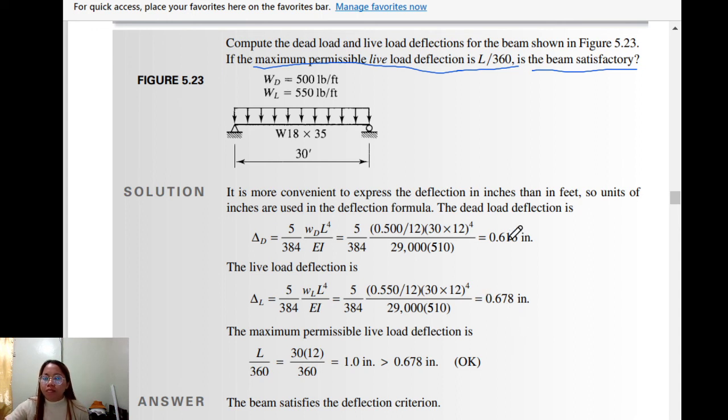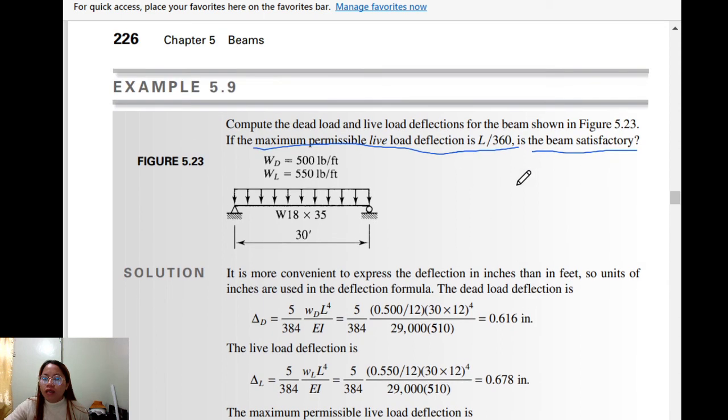And the maximum permissible live load deflection is L over 360. L is the length of the beam, so that is 30 times 12 inches divided by 360. The answer is 1 inch.